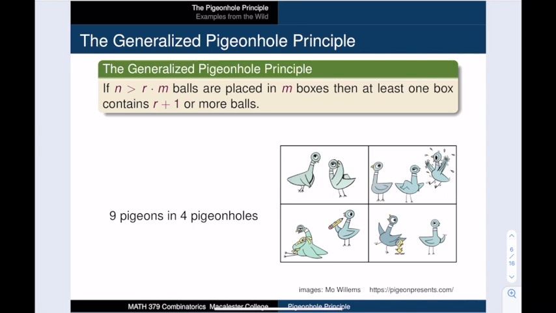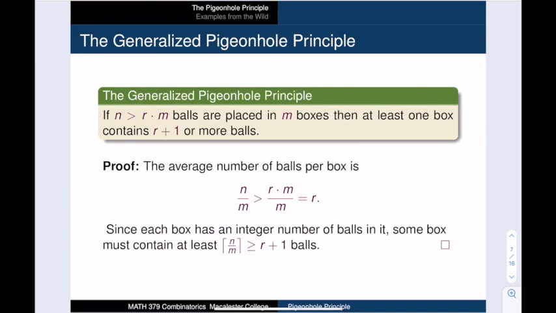If n is some number that's greater than r times m, and we place n balls into m boxes, then at least one box contains r plus 1 or more balls. The proof of the generalized principle is very similar to the simple case. The average number of balls per box is greater than r, so this means at least one box contains more than r balls.